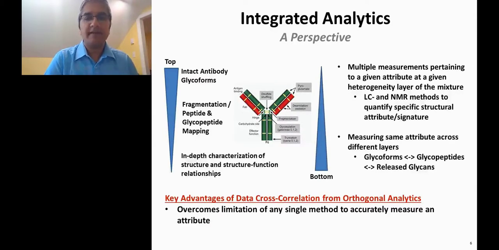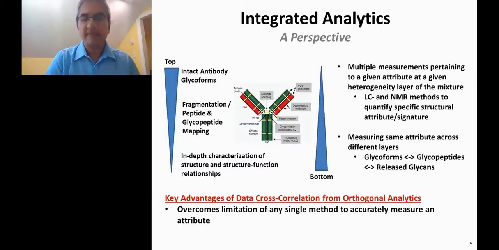So our perspective is, when you take any specific structural attribute, the way we would like to think about orthogonality or integration is to have multiple measurements pertaining to the same attribute at a given heterogeneity layer of the mixture. One example is if you're looking at an N-terminal modification like pyroglutamate, you can use peptide mapping as well as an orthogonal chemical approach like NMR to have correlative readouts of pyroglutamate content.